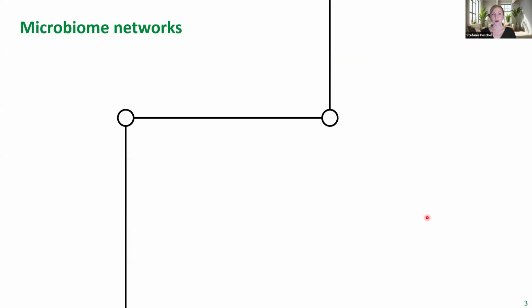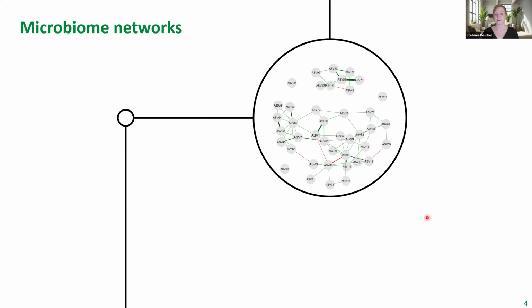Since some of you might not be familiar with these kinds of networks, I want to start with a short introduction about microbiome networks. These networks consist of nodes or vertices, which are the microbes, in our case like ASVs, or in older data sets you might find OTUs, or these can also be taxa on a certain level, like genera or families.